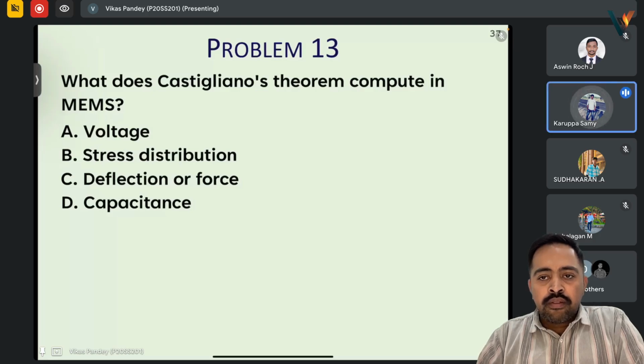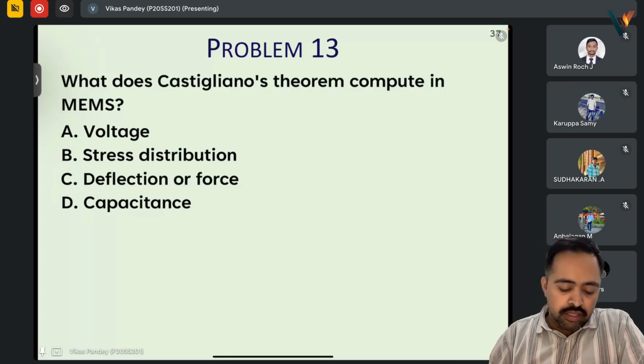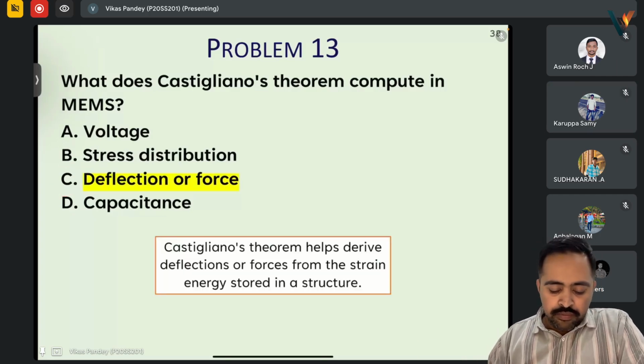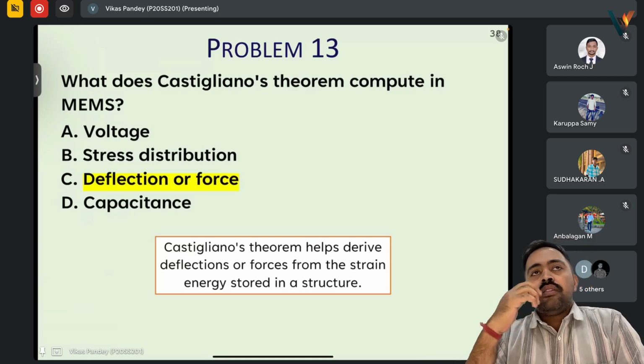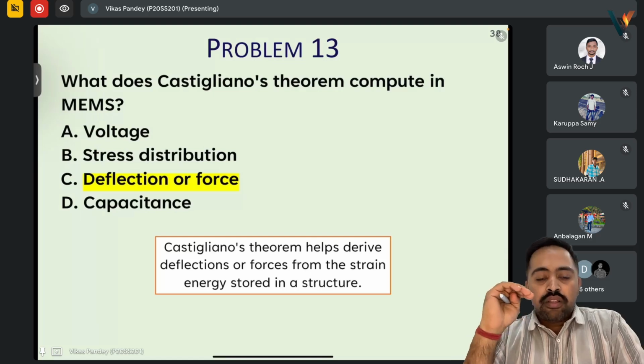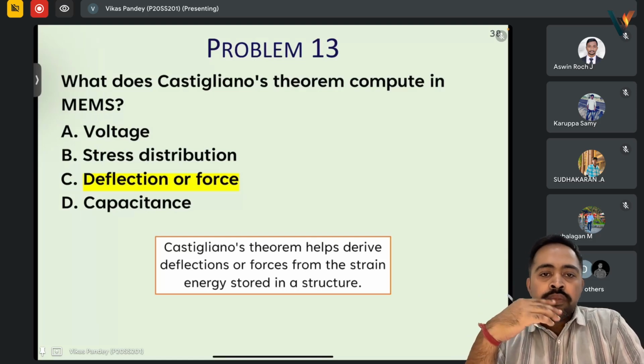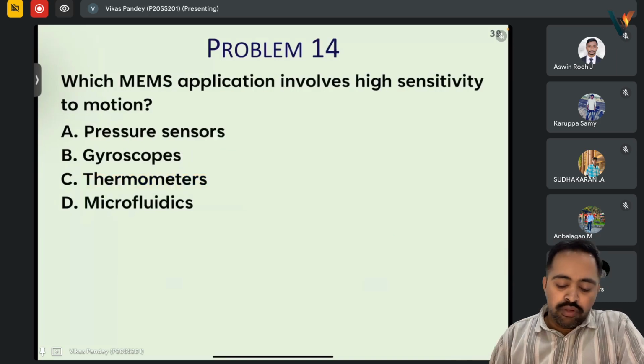I think C, sir, deflection or force. So we derive force from the strain energy stored in a structure. What energy due to the strain will be stored in the structure, that is computed using this theorem.